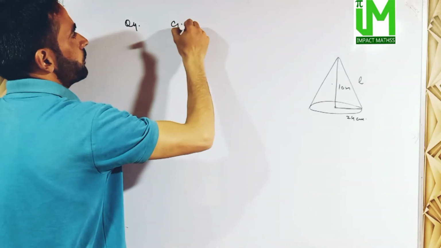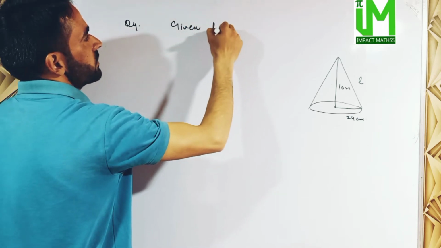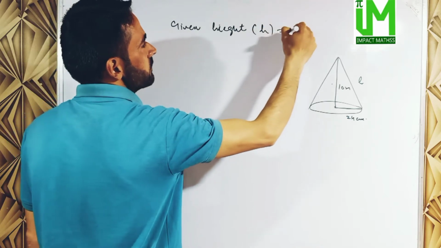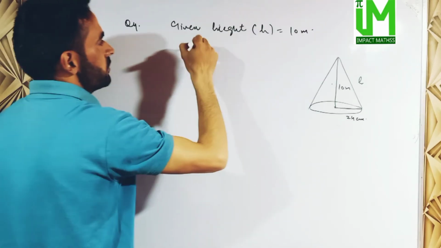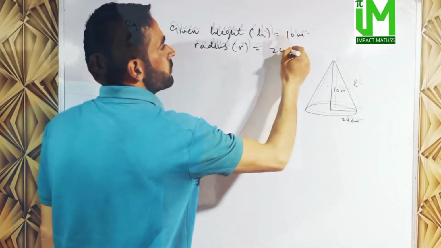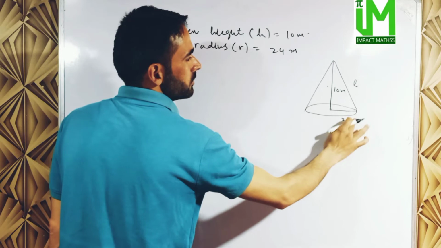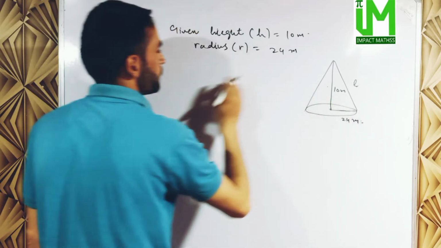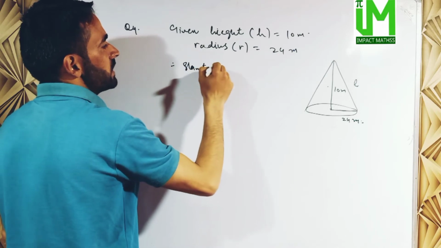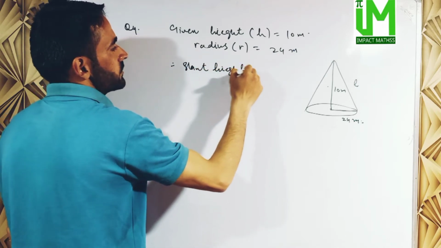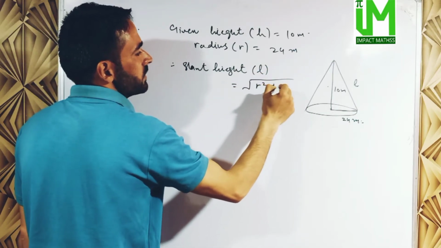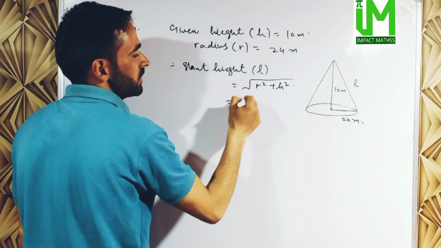So in question number 4, given height, denote it h, is equal to 10 meter, and radius, denote it r, is 24 meter. Therefore slant height l is equal to under root of r square plus h square.